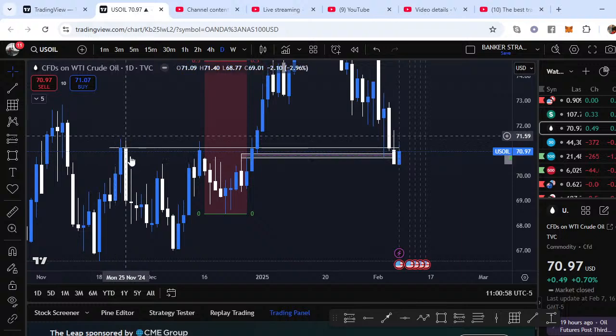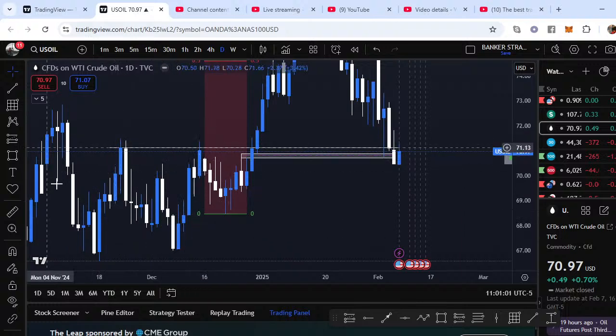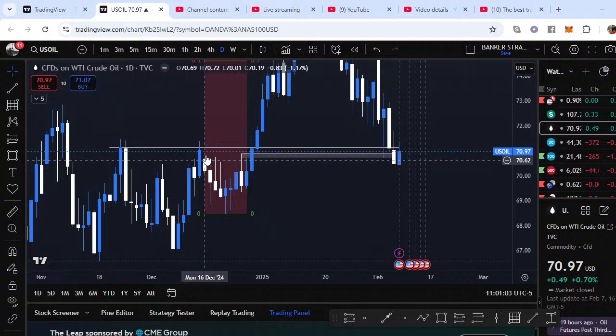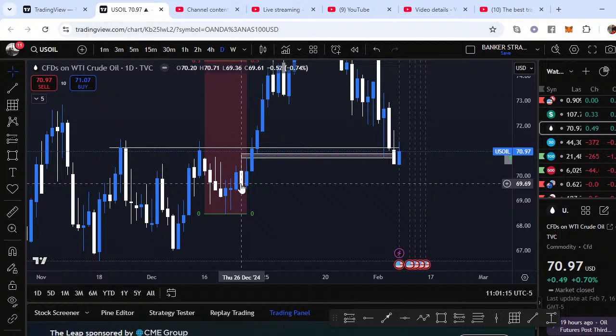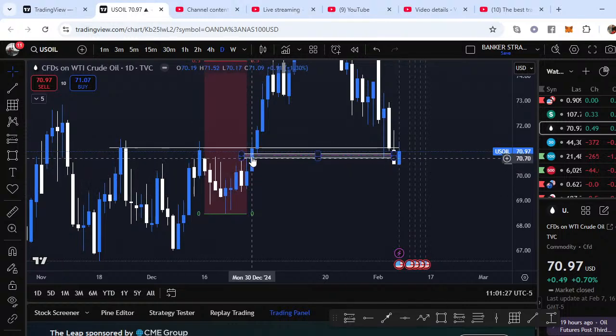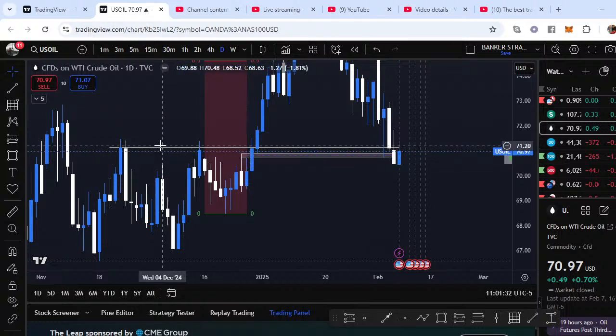The mid part of the consolidating range, this is a breaker. And then we have this order block here. This order block, coupled with a fair value gap and a breaker.